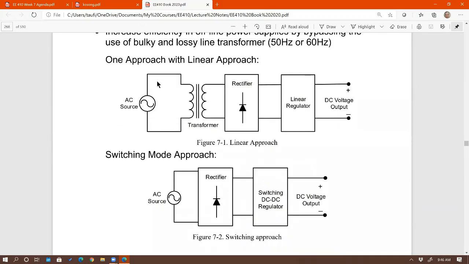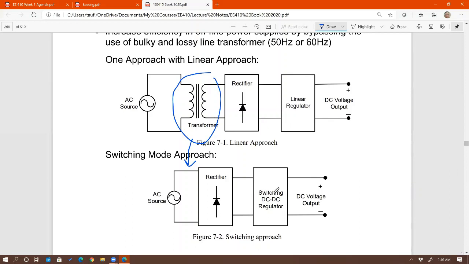The difference between linear power supply and switching mode power supply: in linear power supply, you transform first from AC to DC, and then you do linear regulator, which is not very efficient. Whereas in switching mode, you rectify the AC first, then you switch it to the required output voltage. And by doing that, you get rid of the 60 Hertz transformer right there. So you don't have this anymore, there's nothing there. You don't see any transformer here.